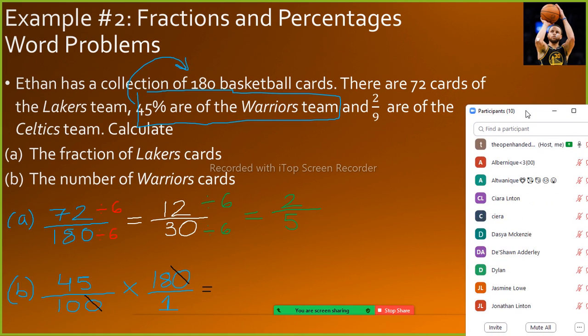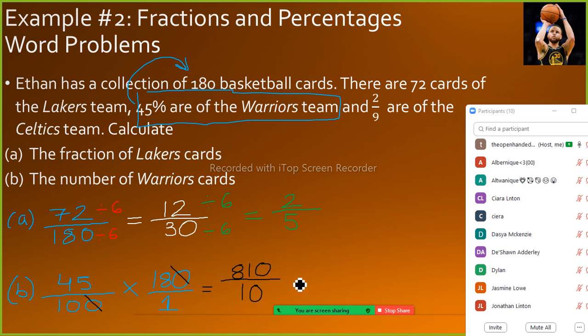I can't hear you though. Kiara Linton, can you hear me? Yes, sir. Okay, good. What is 45 times 18? 810. 810, very good. So it's going to be 810. And we do 10 times 1, which is 10.